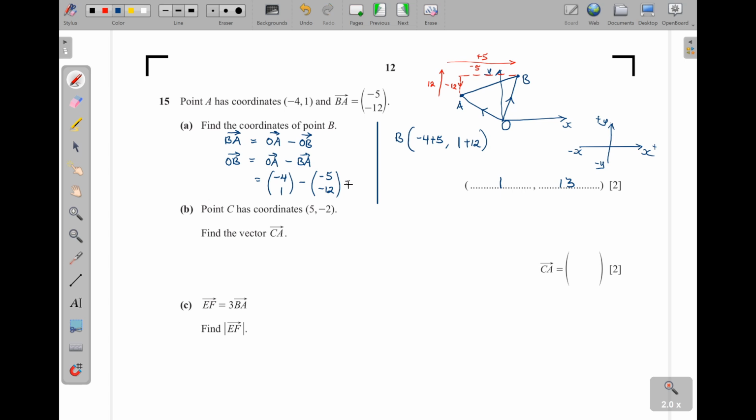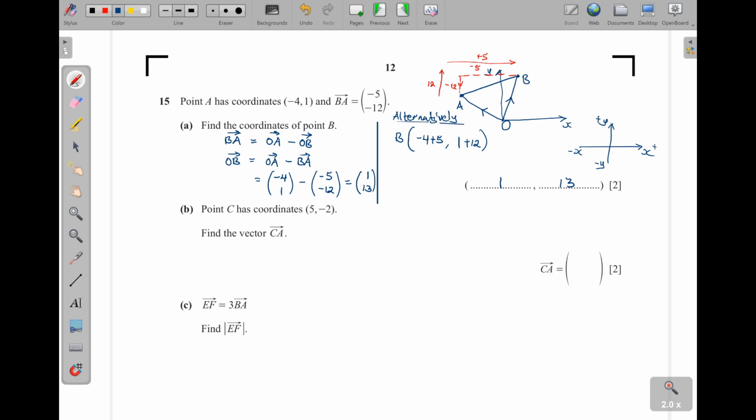Okay? Then 1 minus minus, that one becomes a plus, then 12. So 1 plus 12, you get 13. So this is a column vector. That means the coordinates of B, then we transform them like this, 1, 13. So that is that. Now this is an alternative approach.